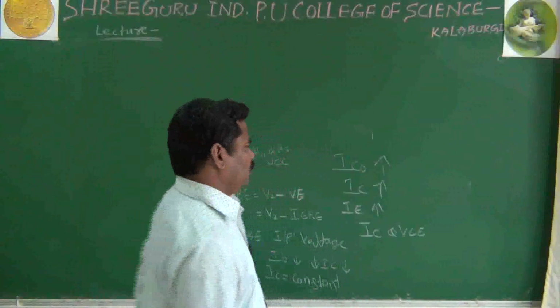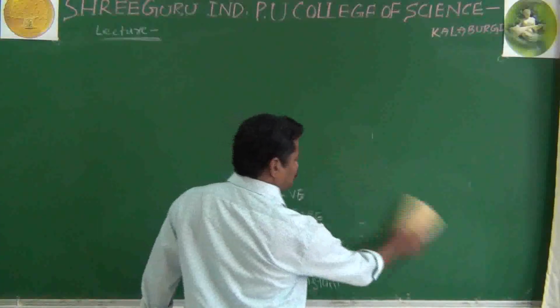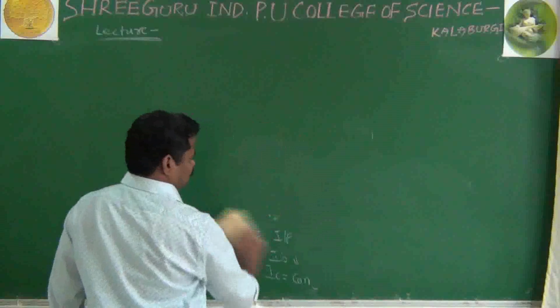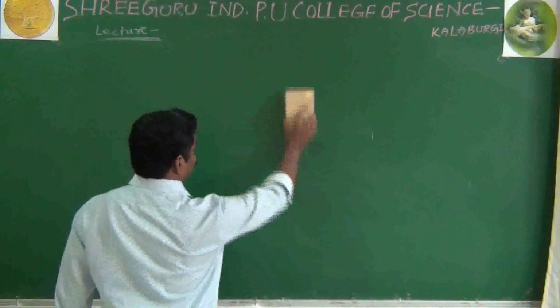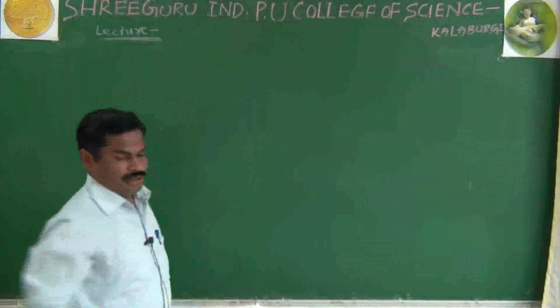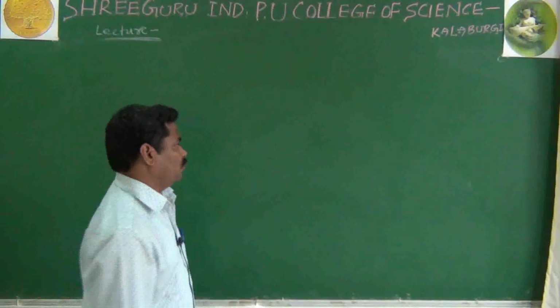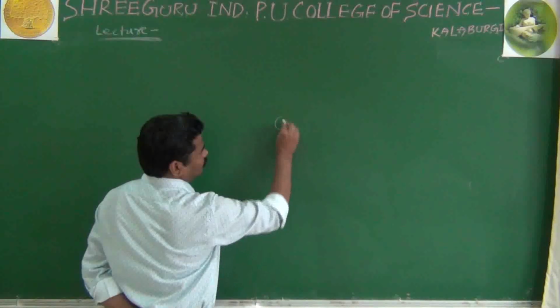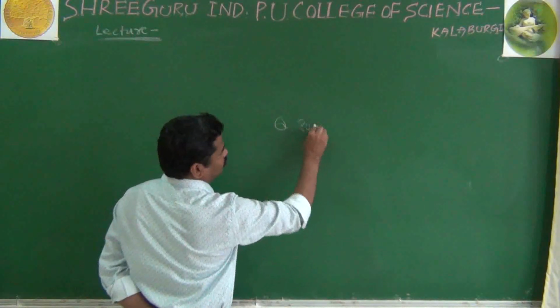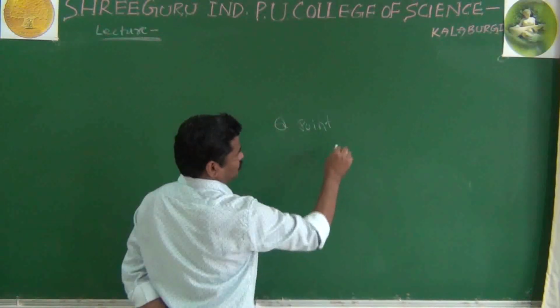And finally, in yesterday's class, we discussed the circuit analysis of voltage divider biasing. And today we go for the Q point analysis.